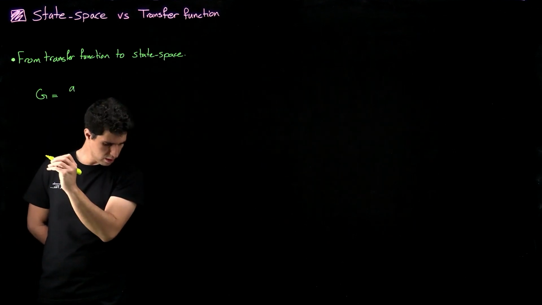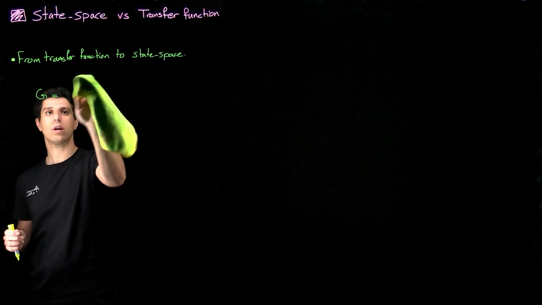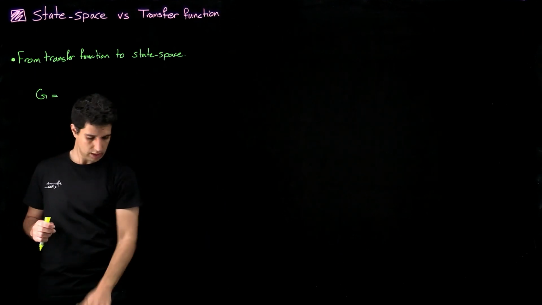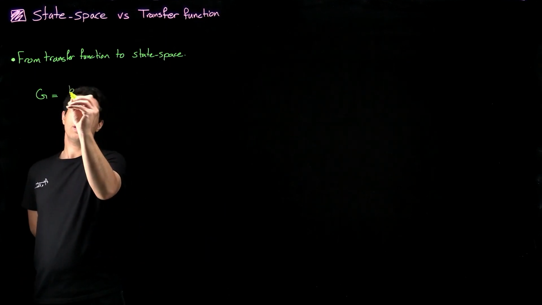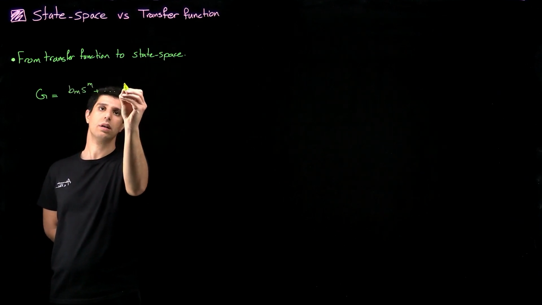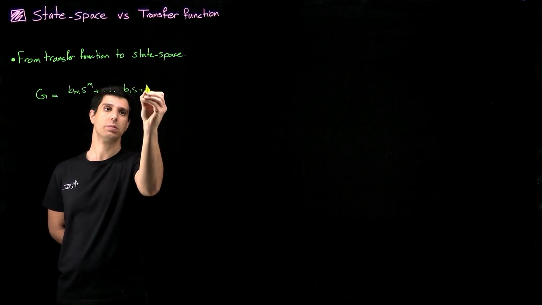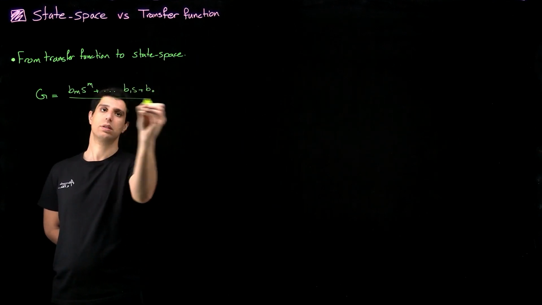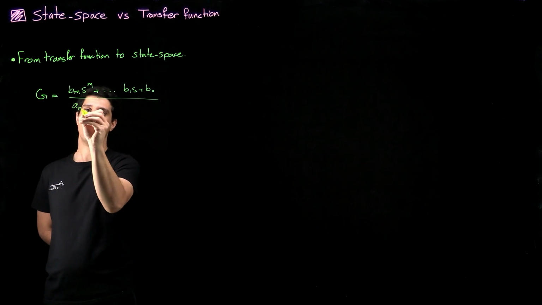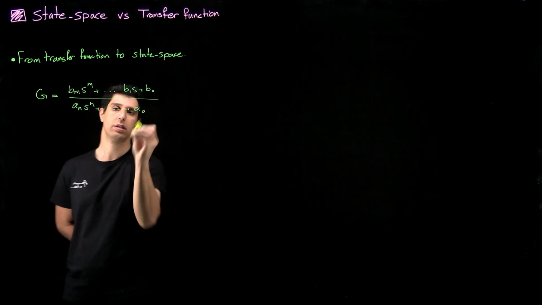So let's go with b, because we used to have b here. b_m s^m plus up to b1 s plus b naught, divided by some a_n s^n plus up to a naught.